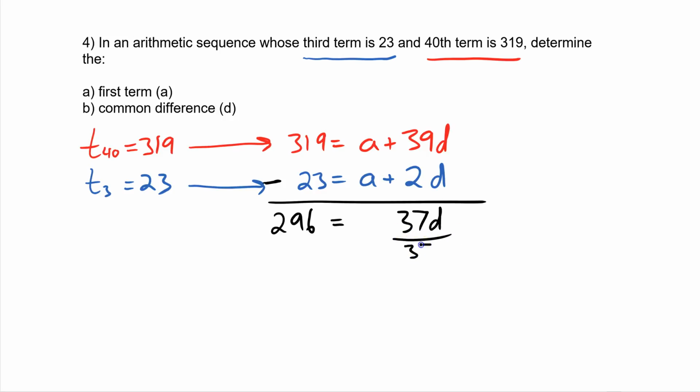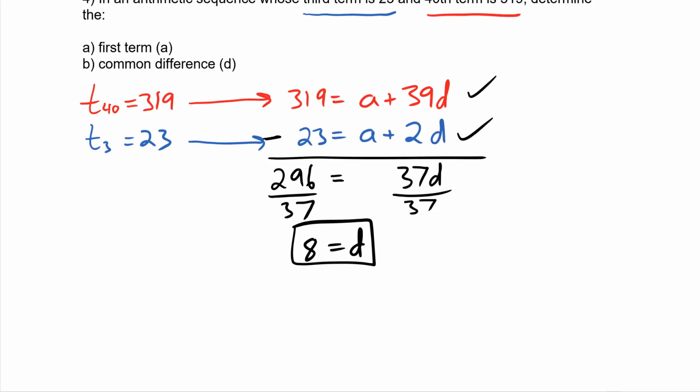I can divide both sides here by 37. And I get a common difference of 8. So that's the first thing that the equation, actually that's the second thing that the question was asking us for, the common difference. But we were able to solve that by writing out our two general formulas and then by solving by elimination.